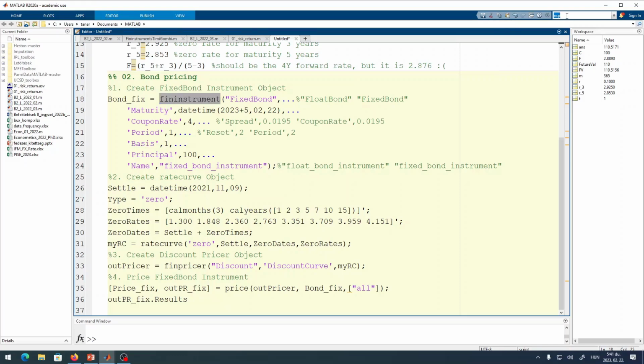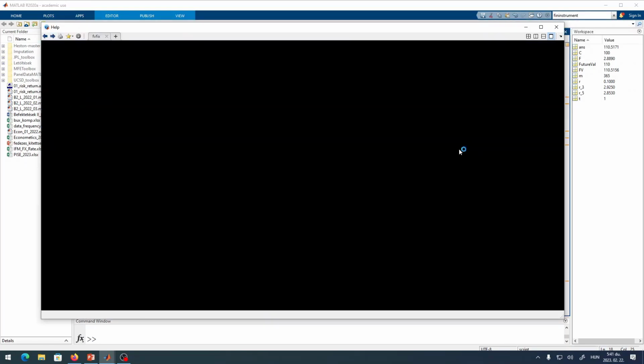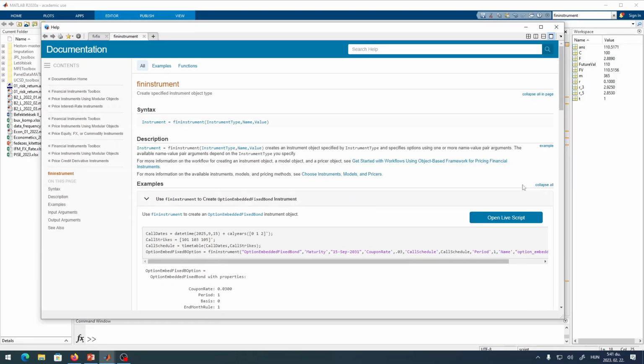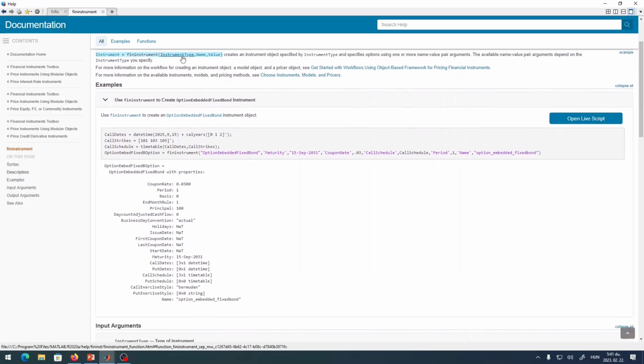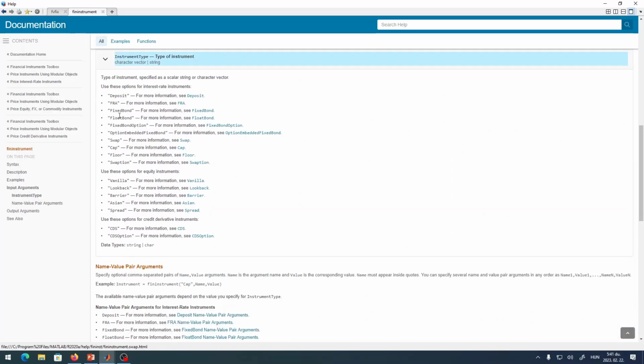So unfortunately, if we are opening the fin instrument function here, and I'm not able to zoom in, then you cannot see.